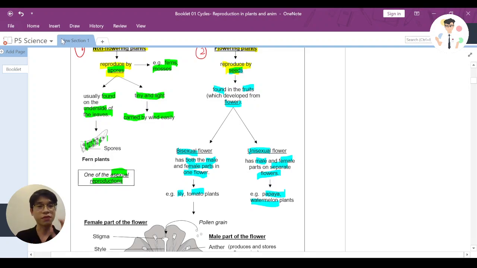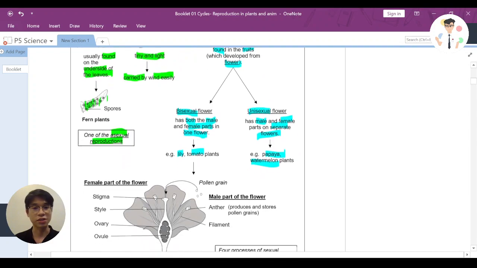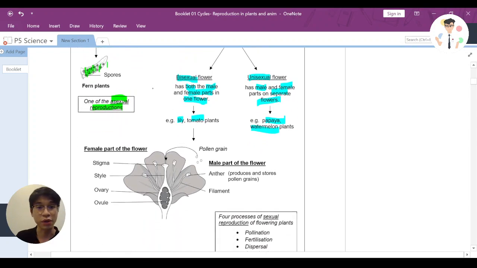And when we talk about flowers, it's very important to know some of the reproductive parts. So let's scroll down and look here. Now we are focusing on the bisexual flower. So this is a flower, and this is the male part. This is the female part. For the male parts, we have two main ones.